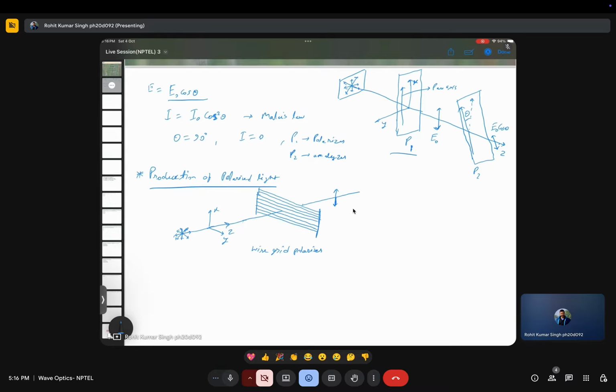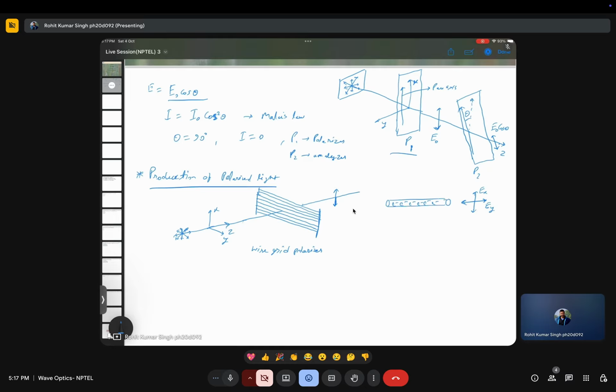To understand this, you have to look inside a copper wire. What is inside a copper wire? There are free electrons, right? And you have electric fields in the transverse direction. I'm writing just the x and y components, because effectively you can resolve any electric field in any direction into x and y.